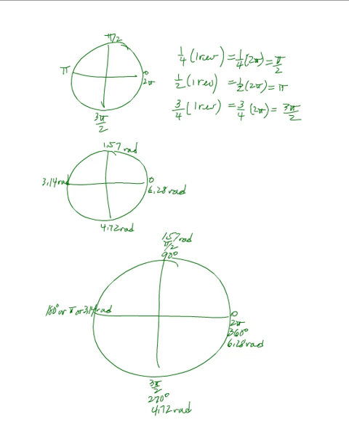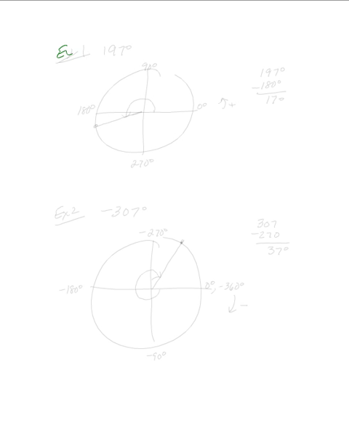So, our first example we will look at is 197 degrees. Where will that be? So, in my head I'm thinking I start at 0, I'm rotating in the positive direction, I pass 90, I pass 180, and I'm between 180 and 270, but where exactly in here in quadrant 3 am I?